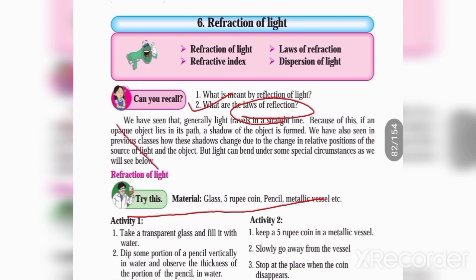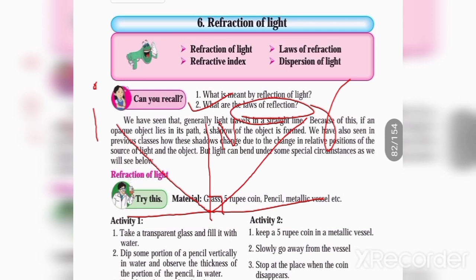From this side there is an incident ray incident on this surface and it returns this way, that is reflection of light. And here is a normal. How many degrees? 90 degrees. Here is the angle of incidence, here is the angle of reflection, and here is the normal, which is at a 90 degree angle.